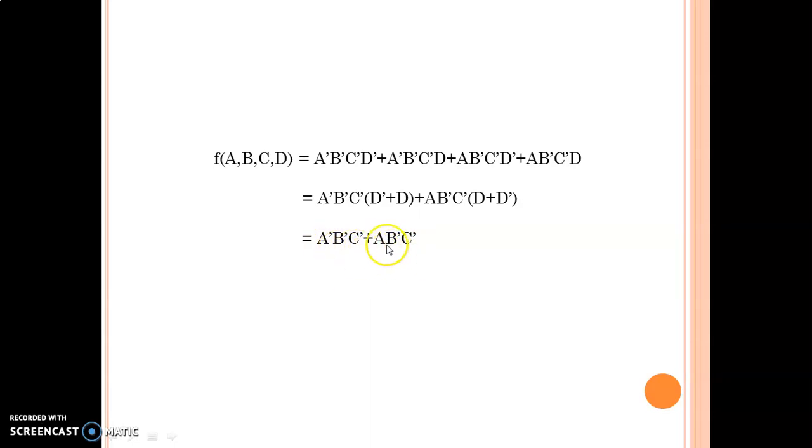So they both can be combined together to get a new term which is one literal less compared to the original term. So this reduced term is called prime implicant. A prime implicant is a product term which cannot be further reduced by combining with any other product term of the given Boolean function. So this is the basic idea behind Quine McCluskey's method.